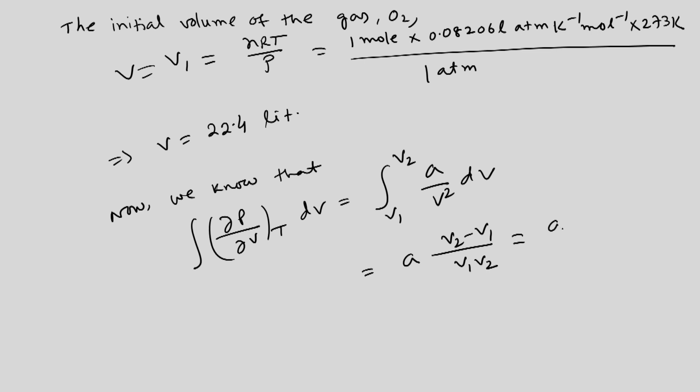So, we get A times 9V by 10V squared. Okay.